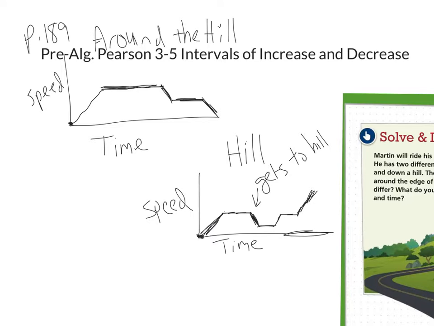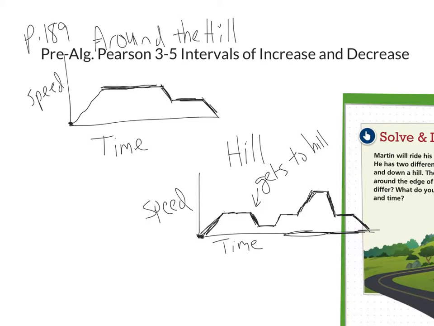So whatever that's going to look like here, I don't know exactly, but then he's going to start slowing down again. Okay, and then maybe he gets back to his regular speed a little bit here when he's back on level ground for a little bit, assuming his ant doesn't just live right on the other side of the hill. And then at the end he would slow down and stop again.